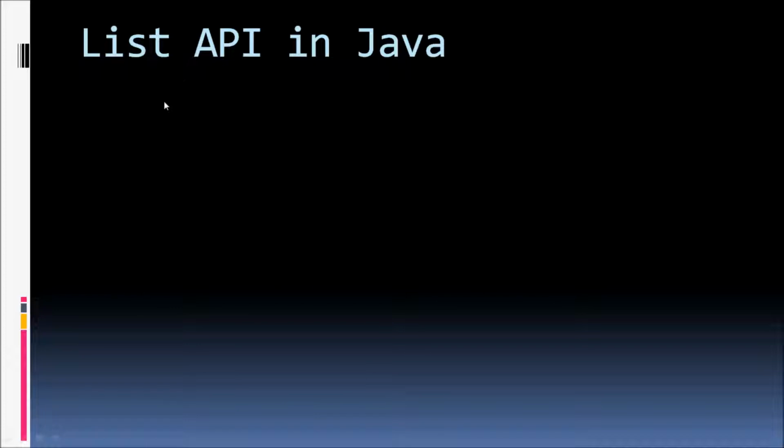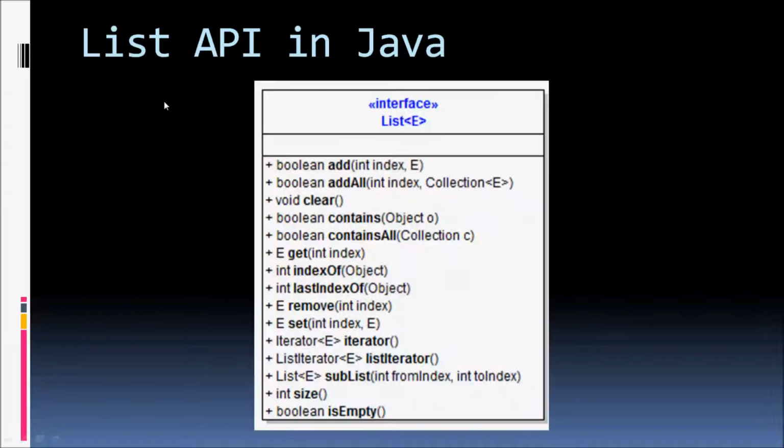Let's take a quick look at the API of the list collection in the Java collection framework. You see, this is the class diagram of the list interface, which is defined in the java.util package. A list is a super interface of all list implementations in the Java collection framework.